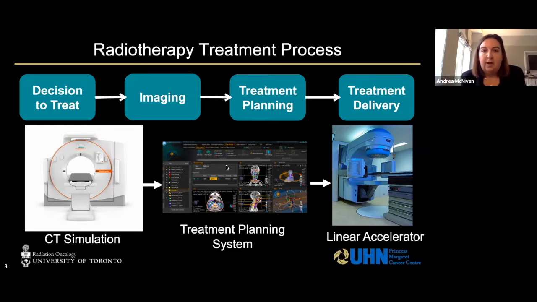Those images then move forward to the treatment planning system, where a radiation therapist or dosimetrist will take the contours generated typically by the oncologist and use them to generate a treatment plan, which is then eventually transferred to a linear accelerator, where the radiation is delivered to the patient daily in that same position that they were originally simulated in.